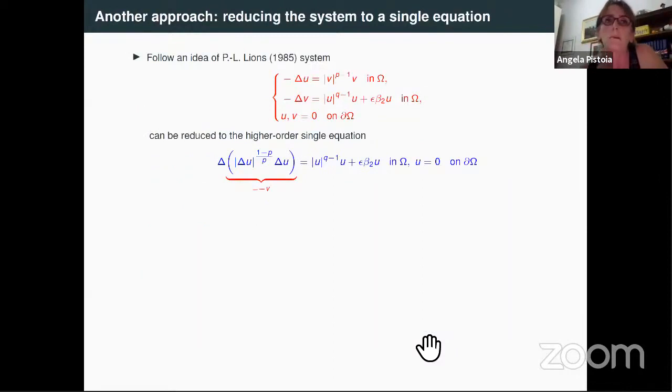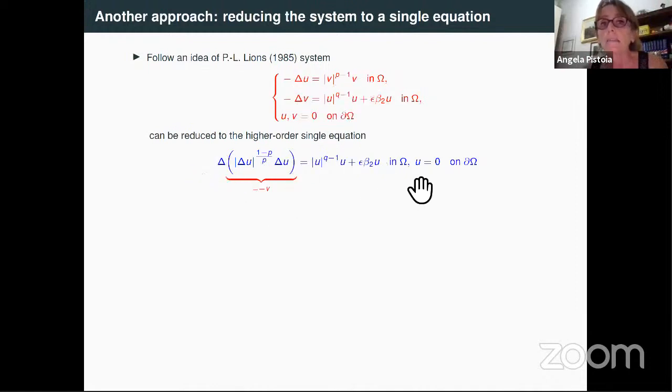Another approach, which is in my opinion very interesting, follows an idea due to Pierre-Louis Lions. Indeed, he reduced the system, the red system here, to a single equation. Roughly speaking, you can take v from the first equation, like minus Laplacian of u to the power 1 over p, and you plug v into the second equation.